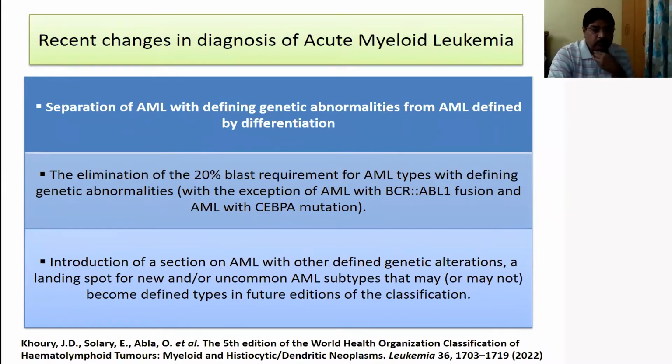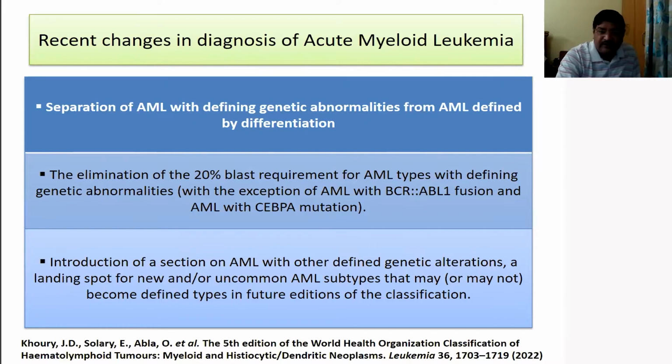What we have done now is do away with the 20% minimum blast requirement in the AML with defining genetic abnormalities. If you have myeloid blasts, whatever the percentage, but you have those genetic abnormalities, either cytogenetically defined or molecular genetically defined, you call them AML.